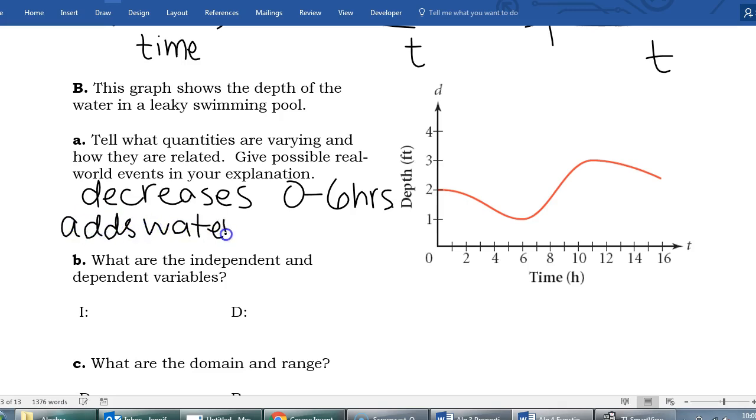If it's raining, maybe it's raining from about hour 6 to hour 11. So a good 5 hours of rain. And then, because we didn't actually fix the plug in the pool, it's still leaking. Once the rain stops, then the water level starts decreasing again.